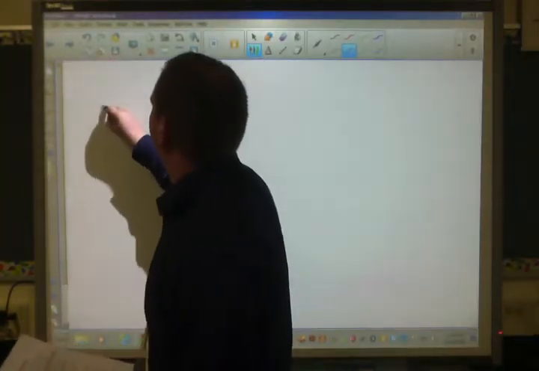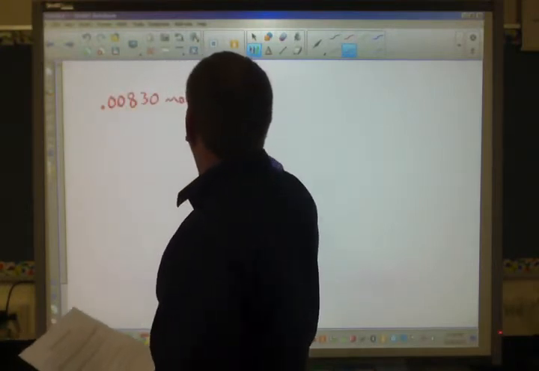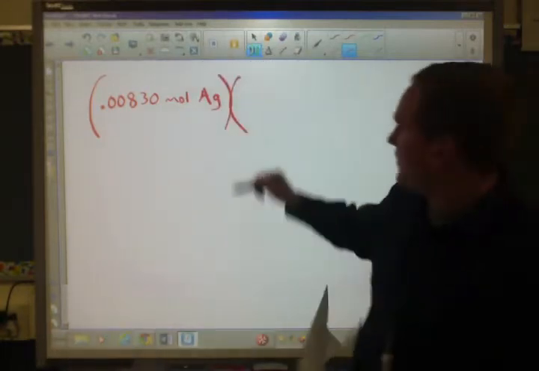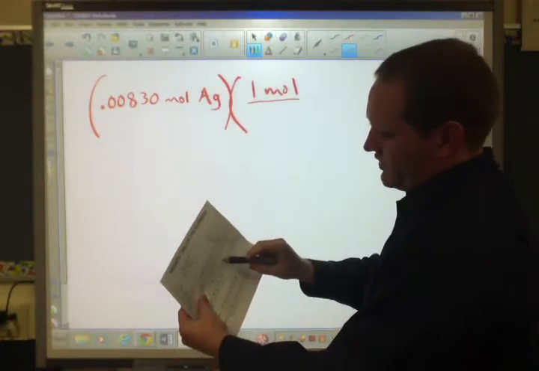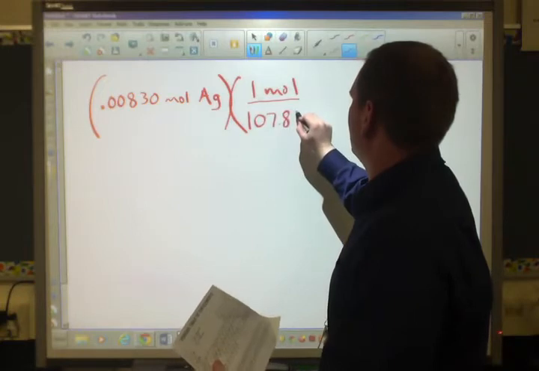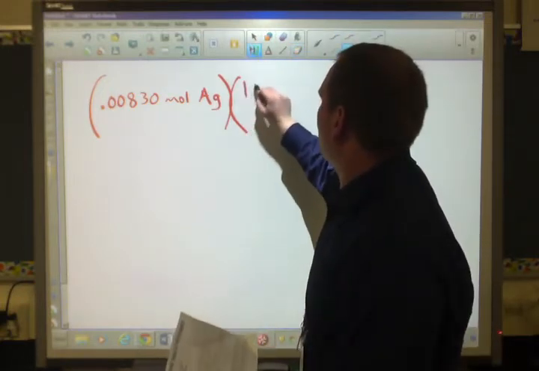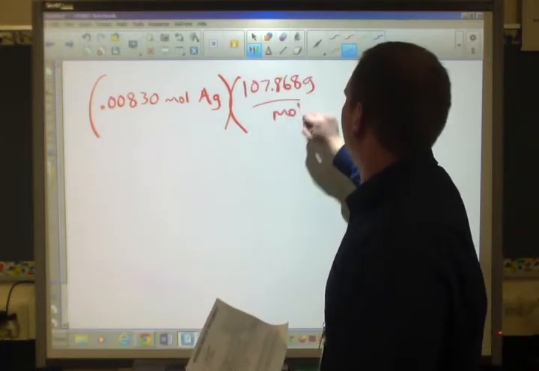So let's see how many grams we're going to expect that to be. 0.00830 times 1 mole over 107.868. Oops, that's why I include my units. 107.868 grams per mole.